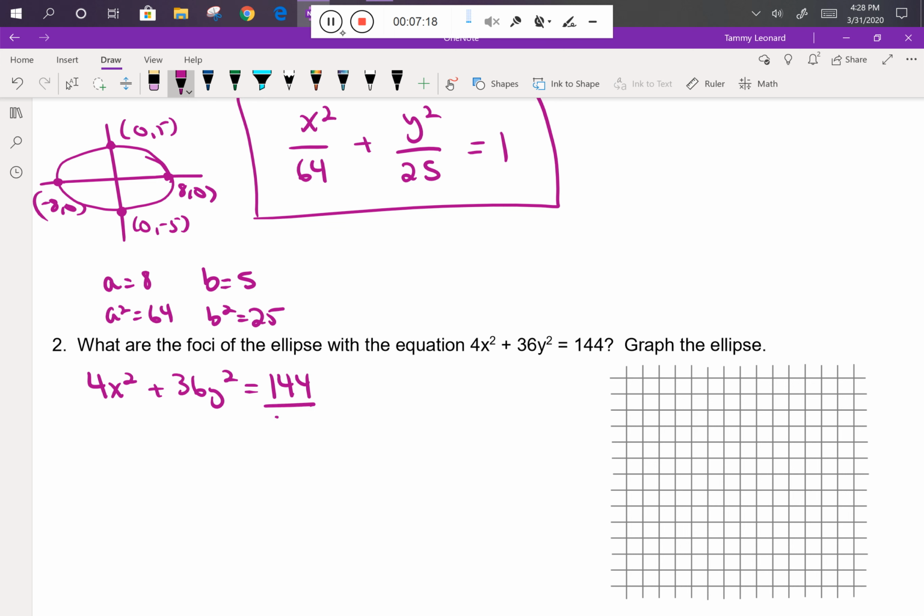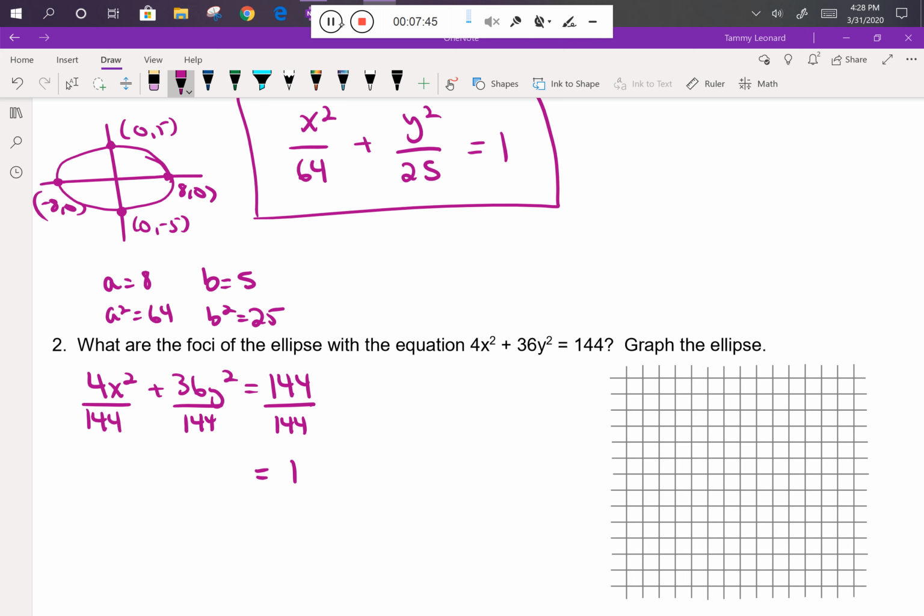So if I want it to be set equal to 1, I have to divide both sides by whatever that constant is on the right-hand side. And then I can reduce my fractions. So clearly on the right, we're going to have 1, which was our goal. I now need to reduce the other two fractions so that it'll be written in the normal form.